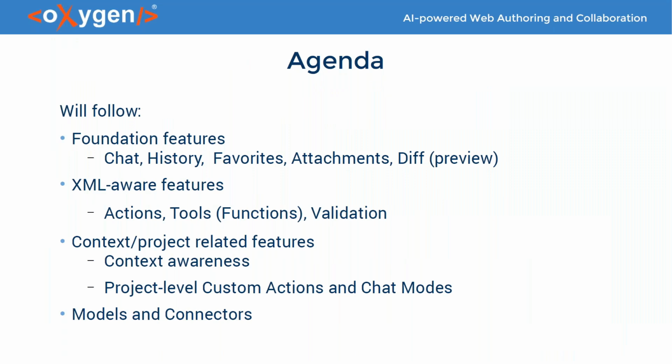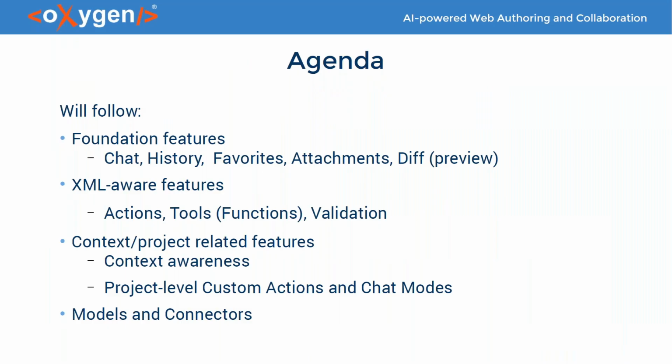After this, I will talk about the XML aware features, because this is not just a chat that rephrases the text and you just insert it in the document. This AI Positron has some XML aware features, like the AI actions that can restructure your document.